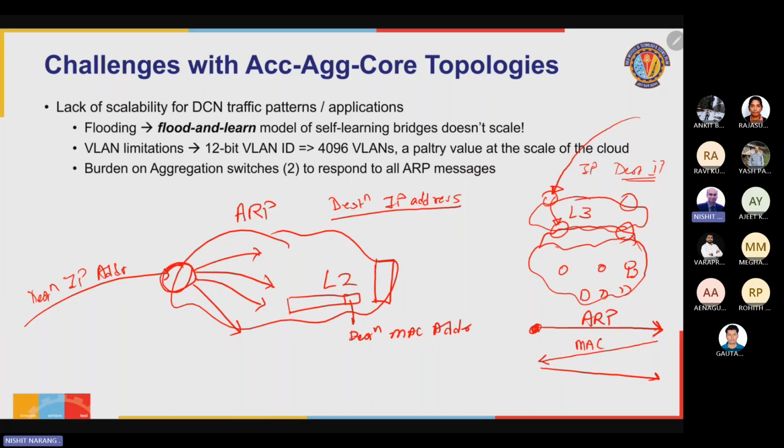And if any of them have this IP address, then they need to send back an ARP response with their layer 2 MAC address. So ARP is a broadcast message that goes to all nodes in the network with the destination IP address, requesting everyone to check if this is one of their IP addresses, and if yes, then respond back with the L2 MAC address.